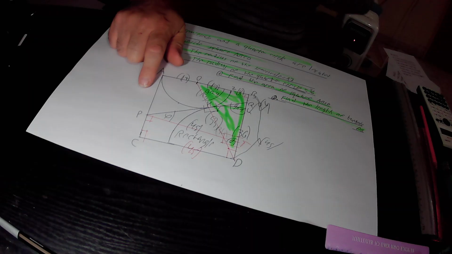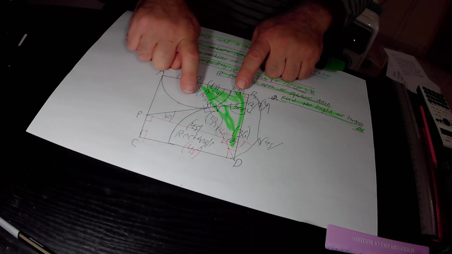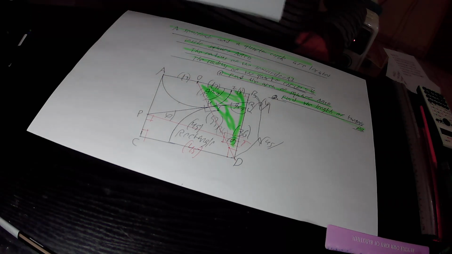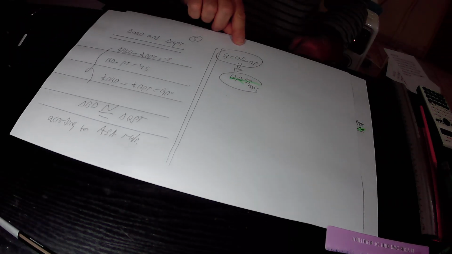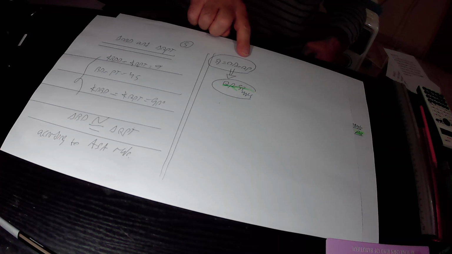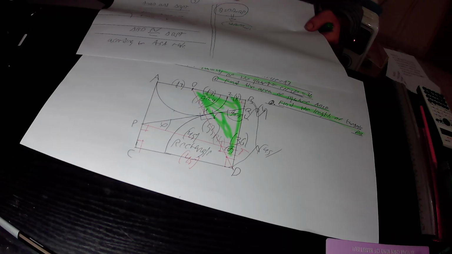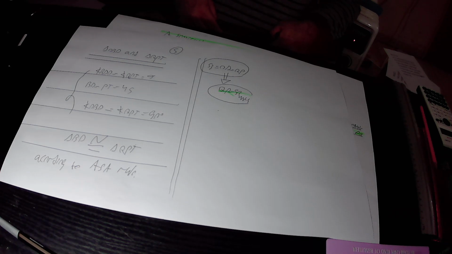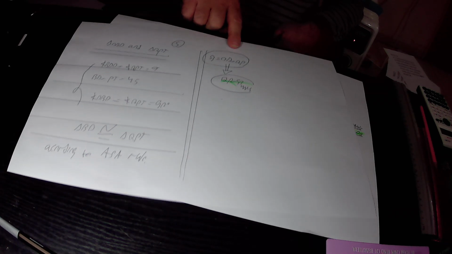It is very clear that the hypotenuses of those two right triangles are the corresponding sides. So OD equals QP.